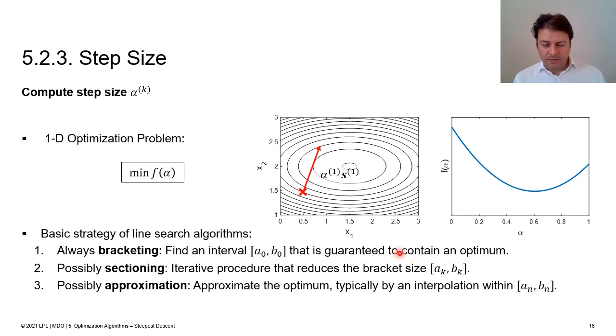I will talk about this in a second. Then there is sectioning that reduces the size of that bracket. And then there's also a kind of approximation that gives you the best guess of the optimum within your bracket.